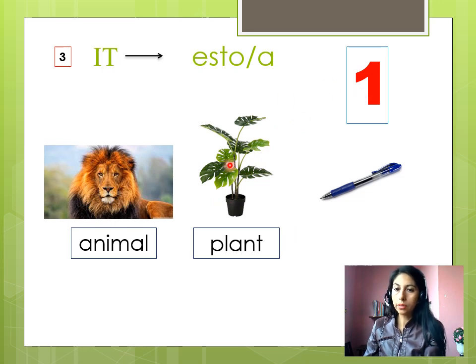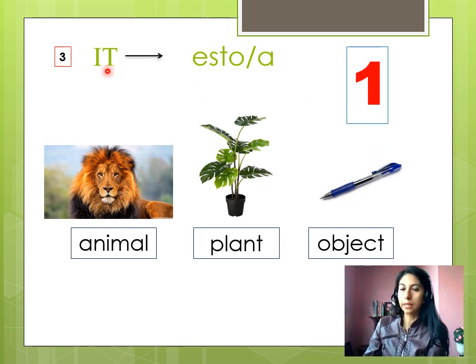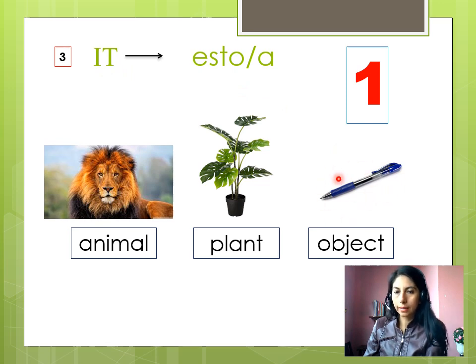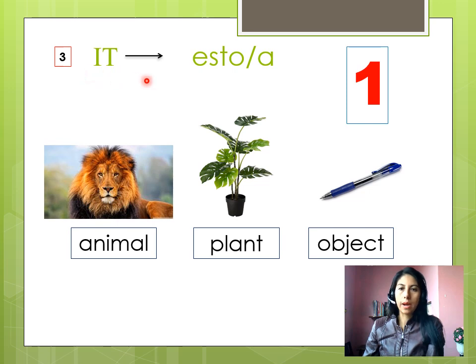So for that reason, I use it. And finally, I have here an object. Only one. So for that reason, I use it. This is a pen. I have only one pen. So for that reason, I use it. So class, I use it when I have only one. Could be an animal, a plant, or an object.